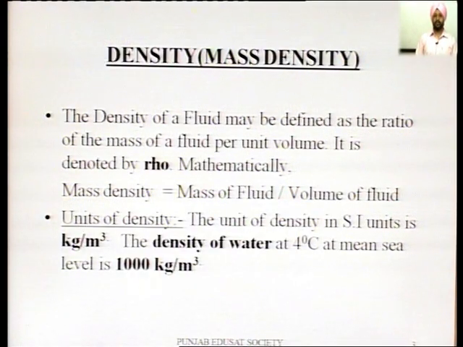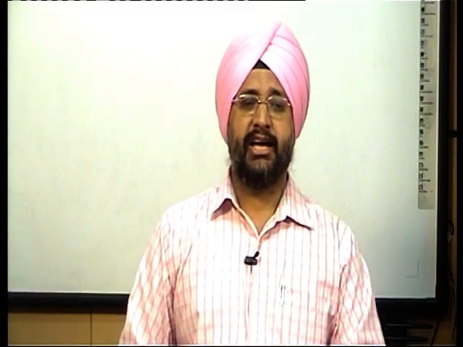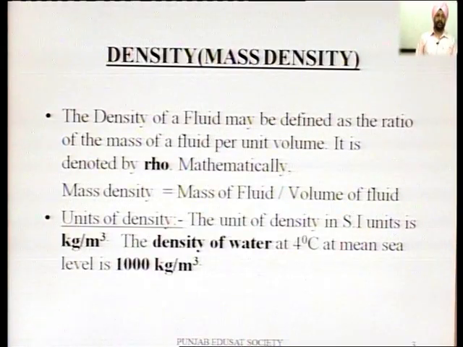It is generally denoted by the symbol rho, and mathematically we write density or mass density as mass of the fluid upon volume of the fluid. The unit of density in SI units is kg per meter cube, and the density of water at 4 degrees centigrade at mean sea level is 1000 kg per meter cube.